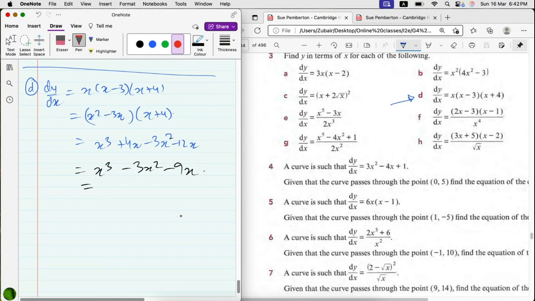Okay, so this is x 4 over 4, minus 3x cube over 3, minus 9x square over 2. My bad, that was 4 and 12. This is 8. So that is 8x square over 2 plus c. So x 4 by 4 minus x cube minus 4x square plus c.